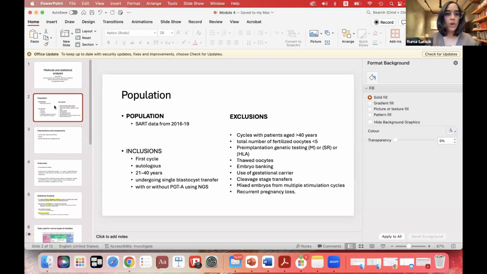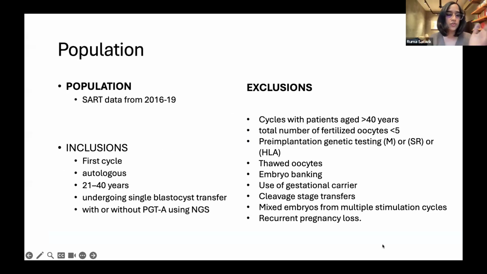Once I have been told that this is making a difference in a certain age group above 35, I want to see what population was included. So you have already said this, Aarti, that these were the inclusions: first cycle, autologous, 21 to 40, undergoing single blastocyst transfer with or without PGTA using NGS. Those are all the women undergoing single blastocyst transfer who have been picked up.